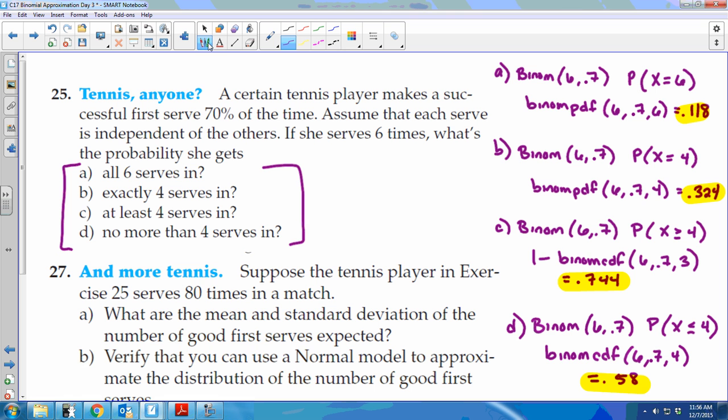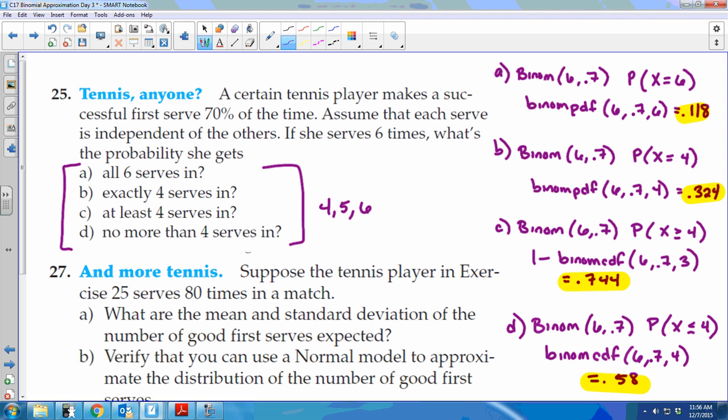C, at least 4 serves in. At least 4 means you want 4 serves in, or 5 serves in, or 6 serves in out of 6. So you want to use CDF. C stands for cumulative. But CDF starts at 0, and you can't make it not start at 0. So it's going to start adding from 0.